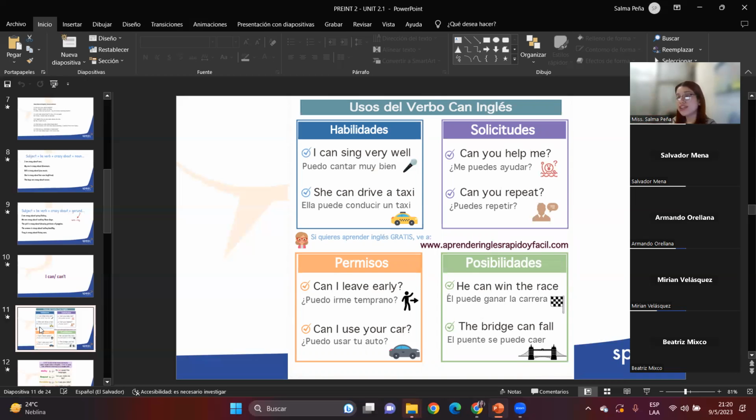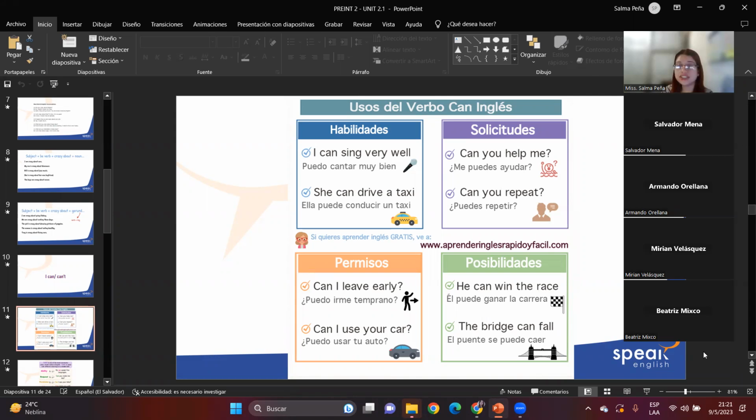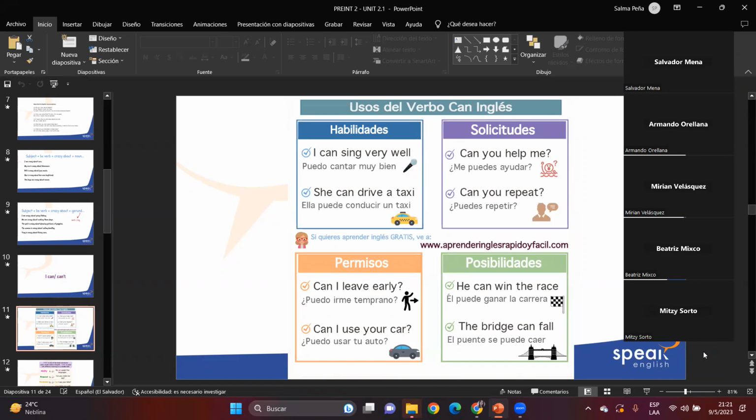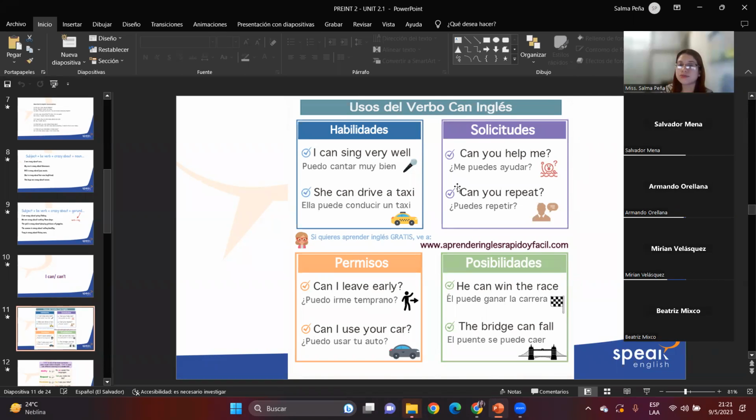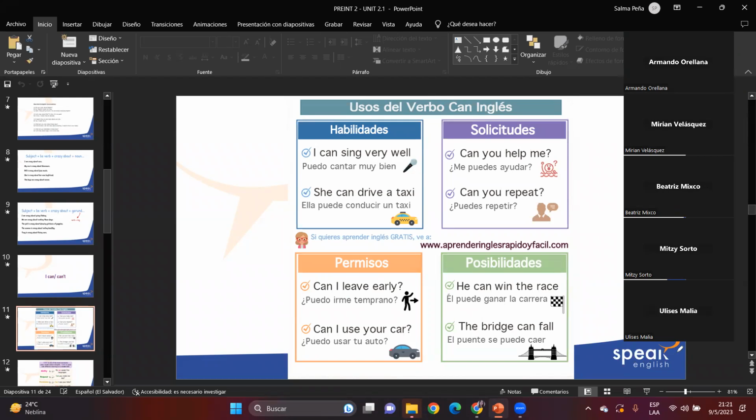But we have three other situations that you can describe with can and can't. For example, requests, permissions, and possibilities. Requests, permissions, and possibilities.